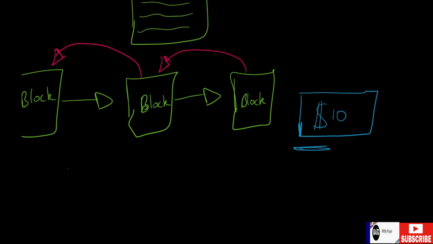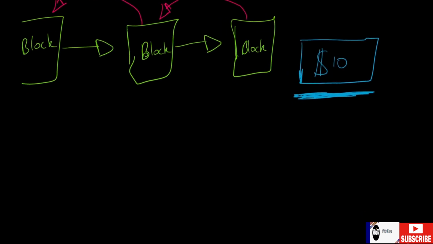Realistically, we do not know where this $10 has come from. Maybe my parents have given it to me, maybe my father handed it to me, but where did he get it from? Where did that individual get it from, etc., etc. Using blockchain, we can go all the way back and see where it originally came from.